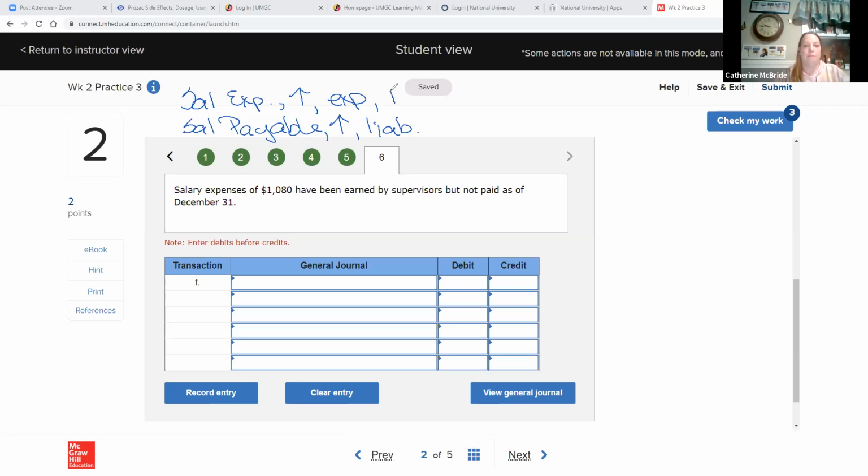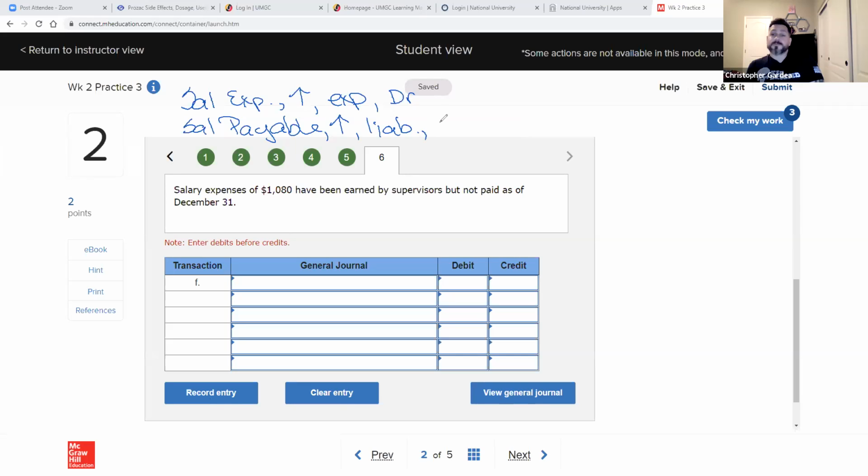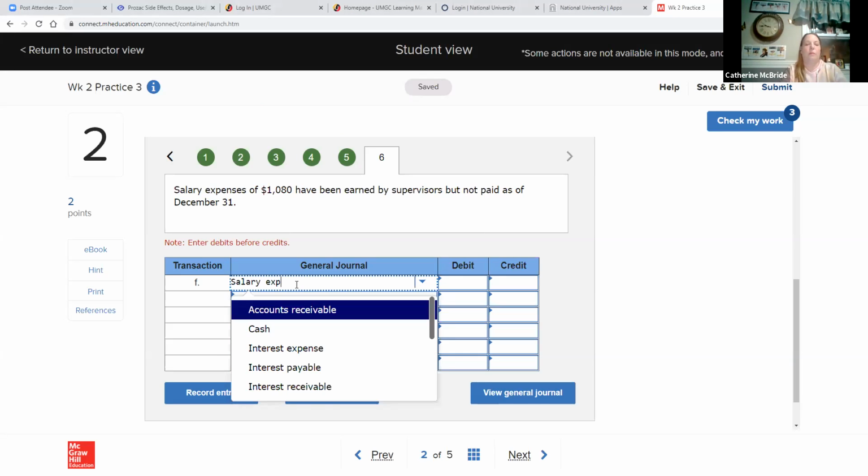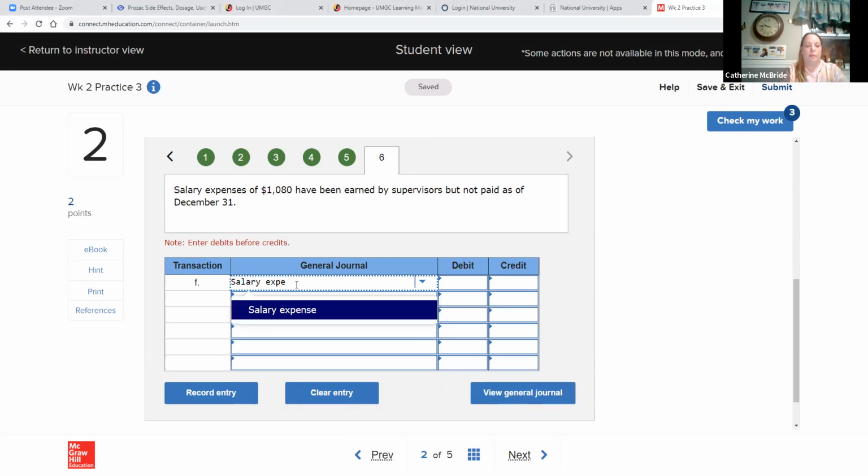Debit. If I increase a liability, do I debit it or credit it? Credit. So I'm going to debit salary expense and credit salaries payable.